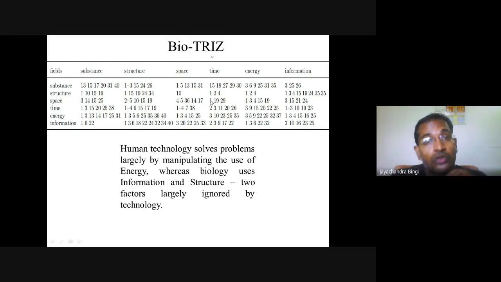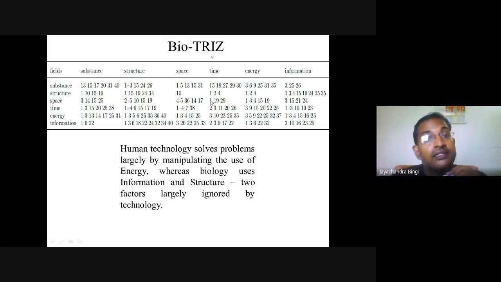Structure means how this mass is arranged, how the substance is arranged, surface, bulk, anything. And space means how the substance is occupying the space. What is the geometrical shape and what is the significance of that shape? Why that particular shape? Have you ever asked yourself why this shape for human beings?